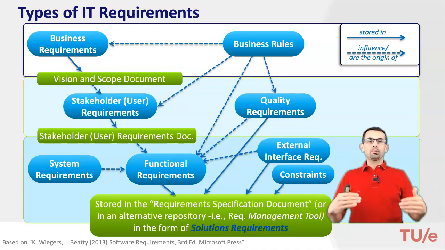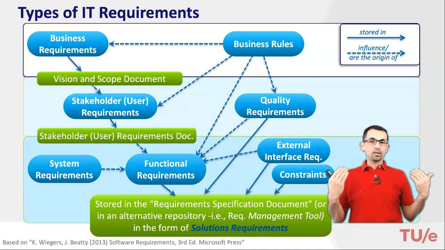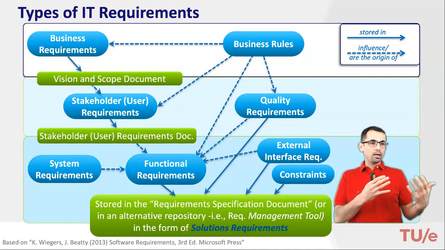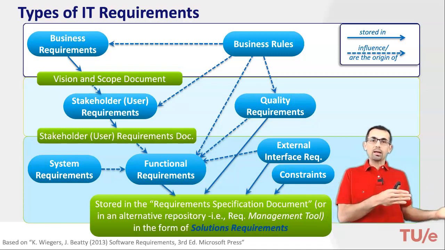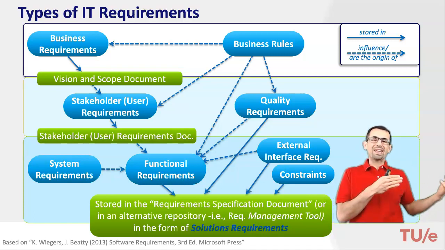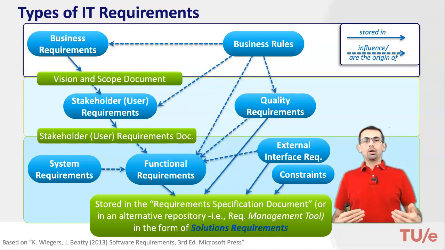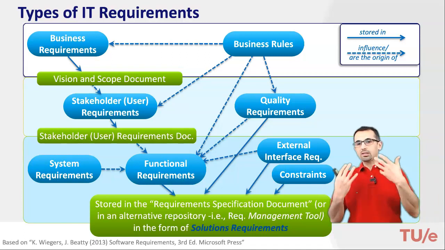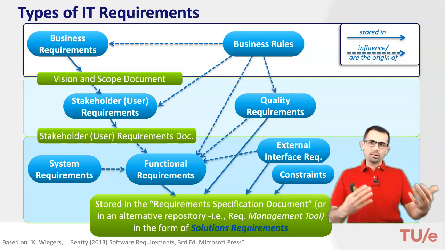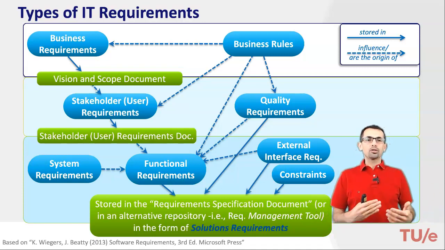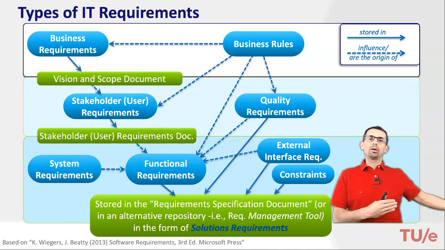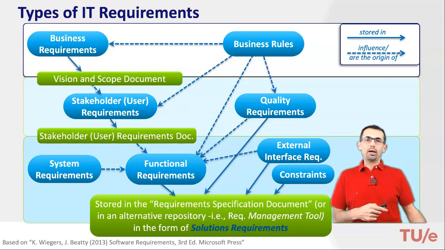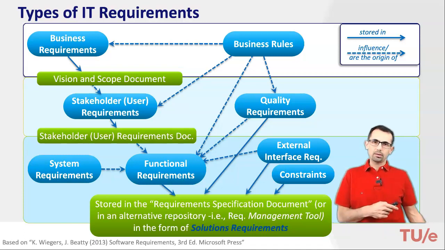Then we speak with the users and try to validate whether what we specify is exactly what they need, or what they can agree with. Later on, given all these requirements, we define solution requirements, functional, external, constraints, and so on, to guide the further development of the software system. We target there the designers, the programmers, and the testers.